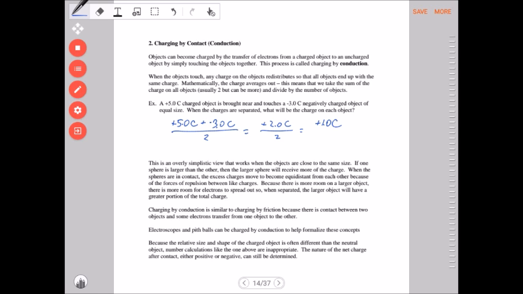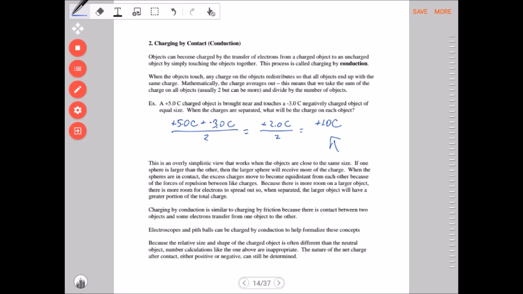Because the relative size and shape of the charged object is often different than the neutral object, number calculations like the one above aren't really appropriate. However, the nature of the charge after contact, either positive or negative, can still be determined. So just to recap, calculations like this really only work when the 2 objects are pretty close to the same size.